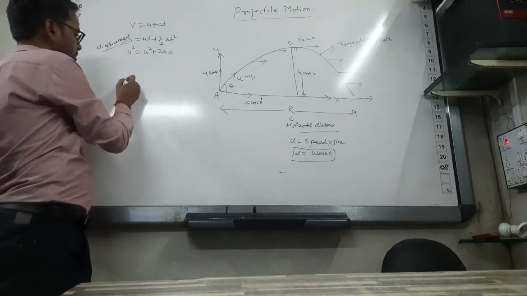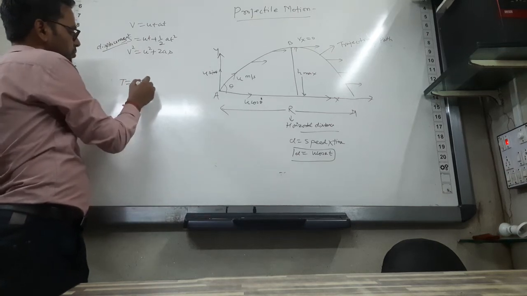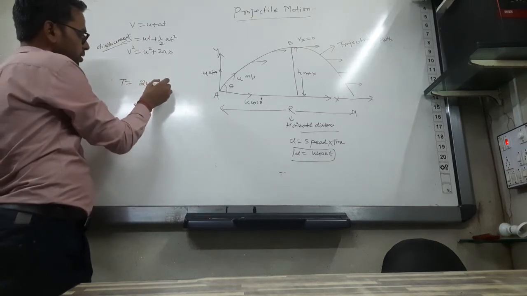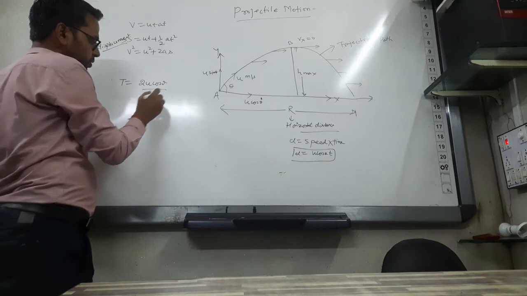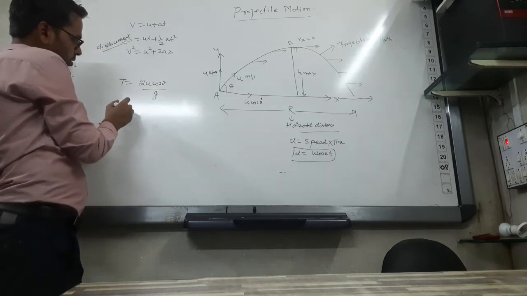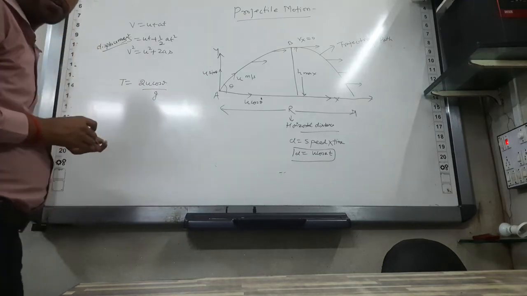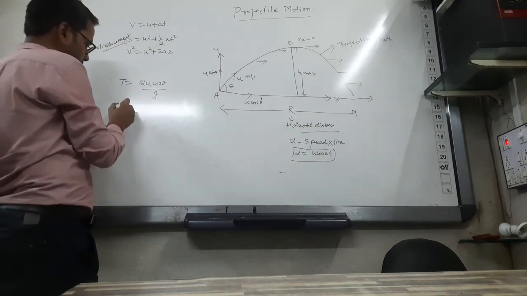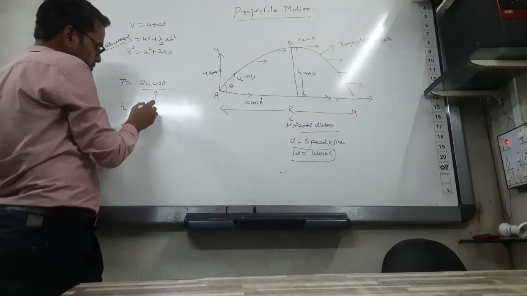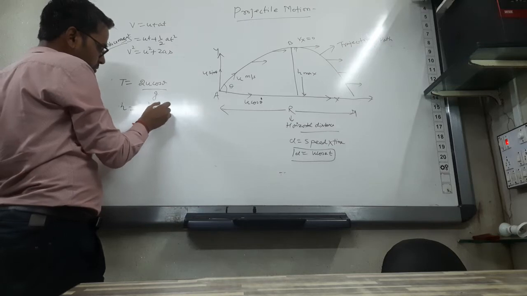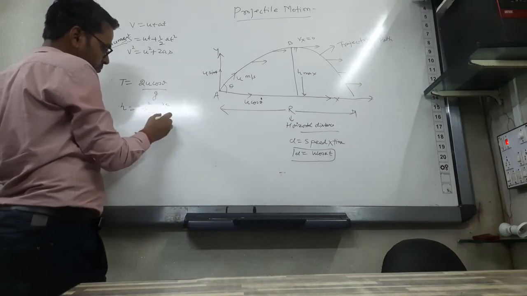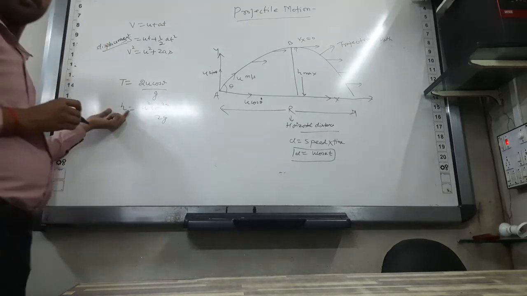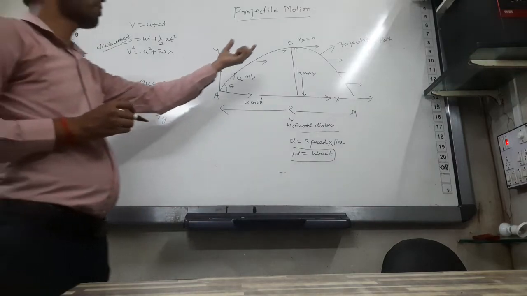T equal to 2u sin theta by g, and h equal to u square sin square theta over 2g, where h is the maximum height covered by the ball.